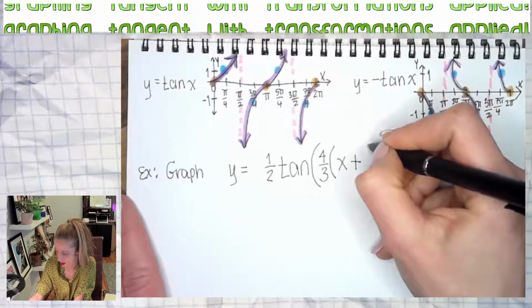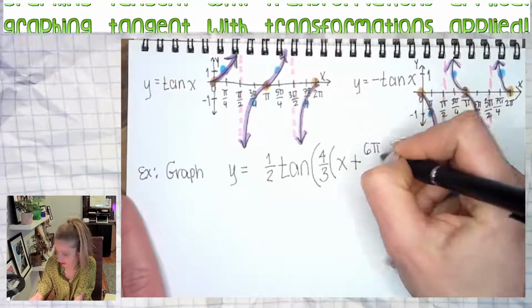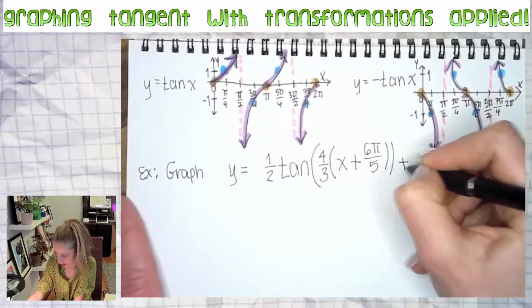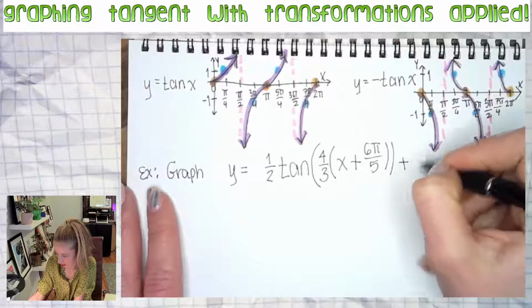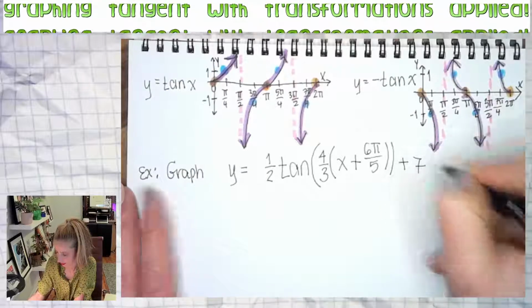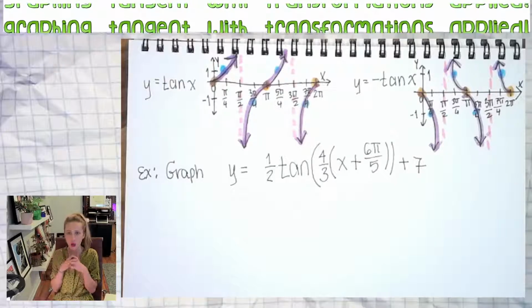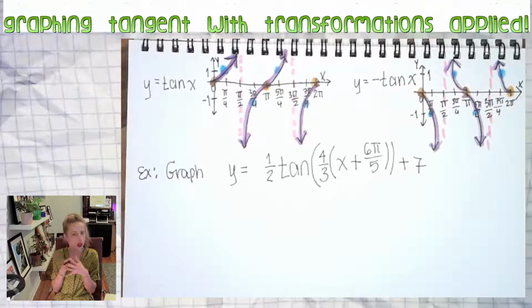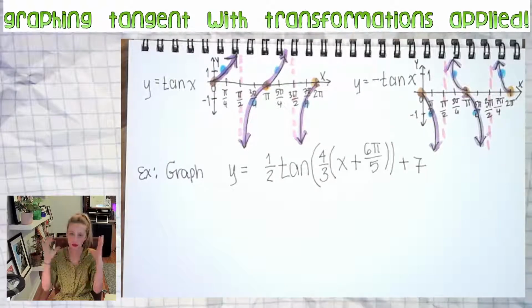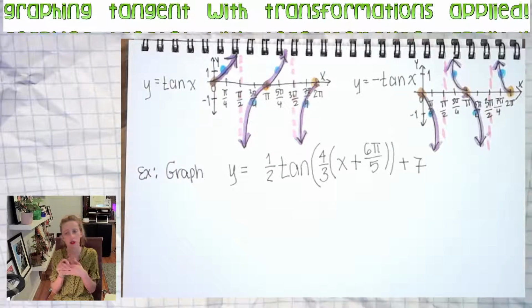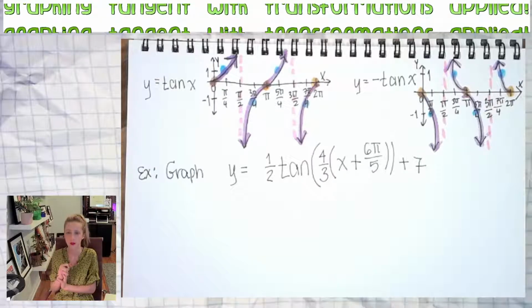All right, there we go. So my equation is y equals 1/2 tan of 4/3 times quantity, x plus 6pi over 5, plus 7.